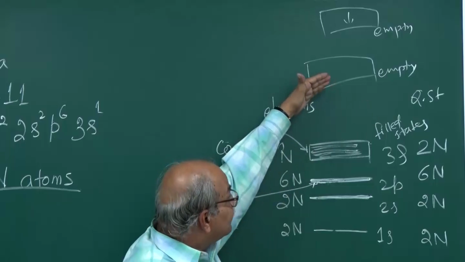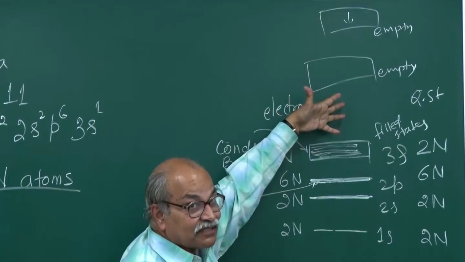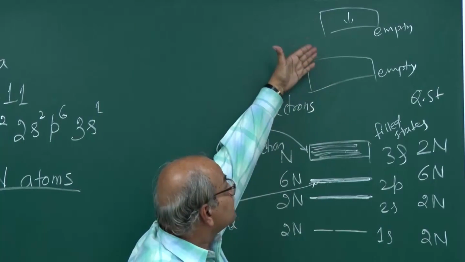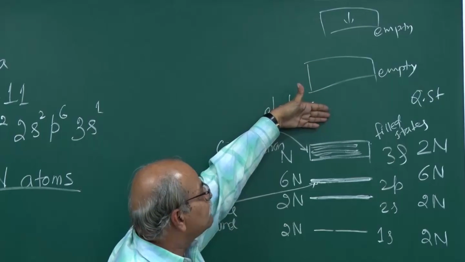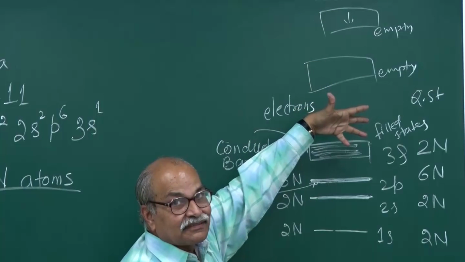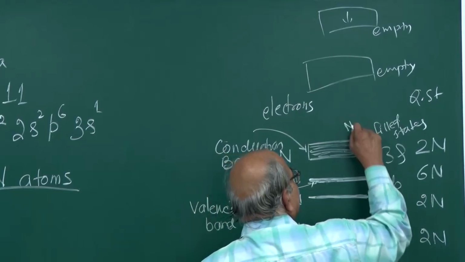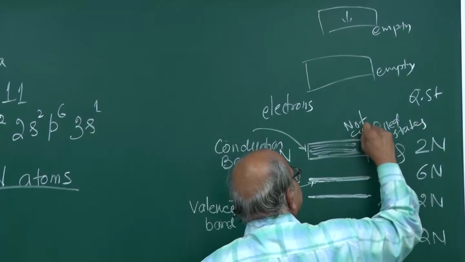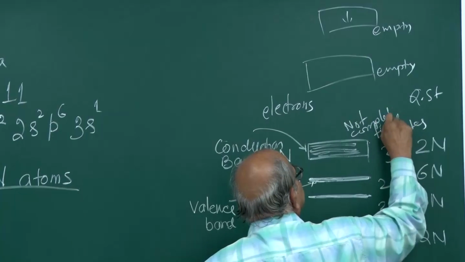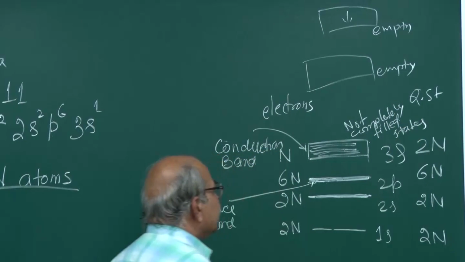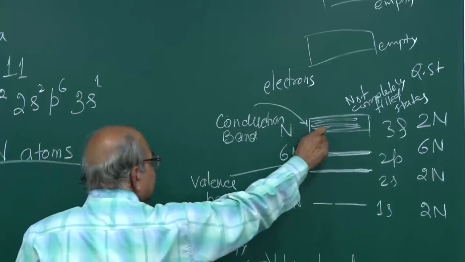So, the last energy band coming from the top which is not completely filled will be called the conduction band.